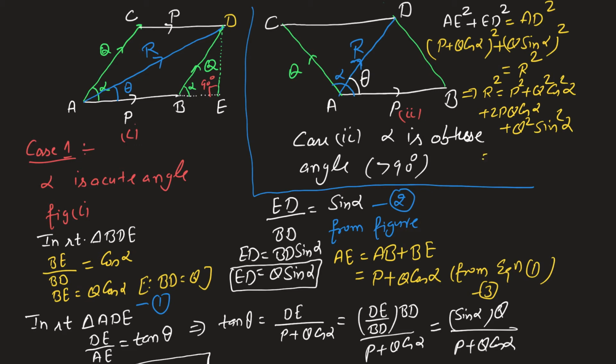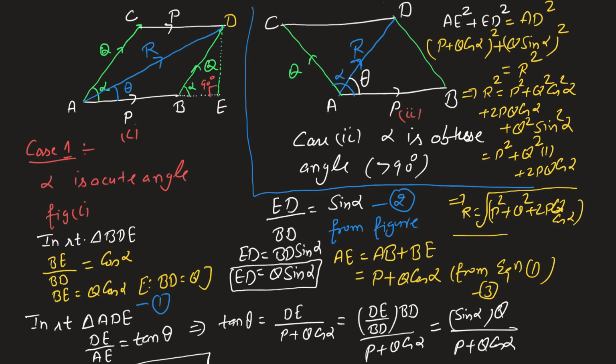So this will be common, P square plus Q square, and inside will be cos square plus sin square alpha, this is 1, plus 2PQ cos alpha. Taking square root on both sides, R is equal to the square root of P square plus Q square plus 2PQ cos alpha. So this is the magnitude, and you may write it as equation number 5.